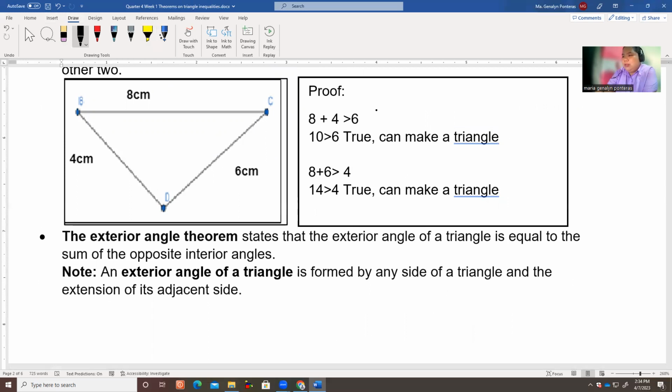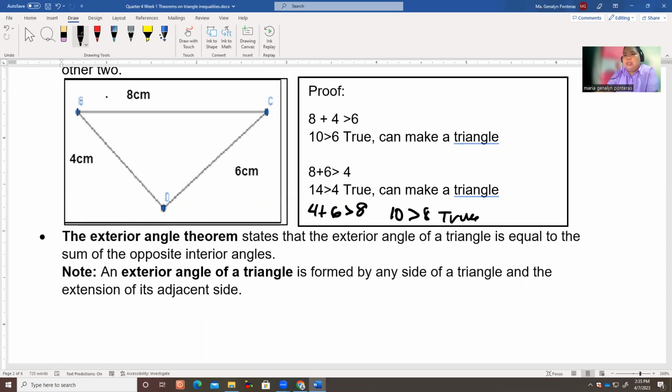Meron pa isa, so dagdag natin yung isa, that would be 4 plus 6 greater than 10. 8 pala. Saan ko nakuha yung 10? 8 pala yan. Sorry. 4 plus 6 greater than 8. And so that would be 10 greater than 8. So this is also true.